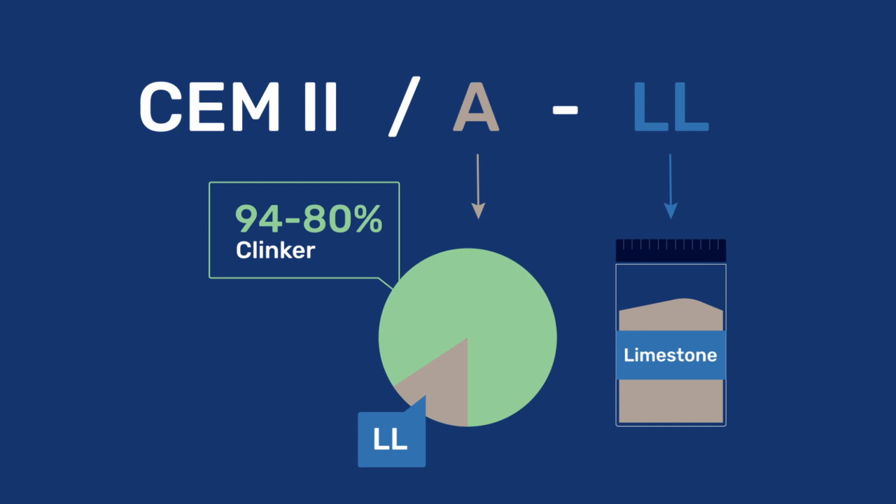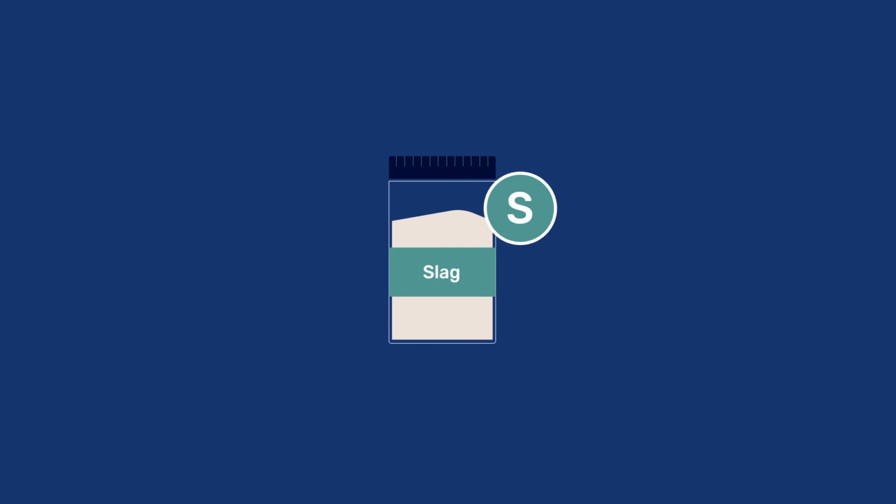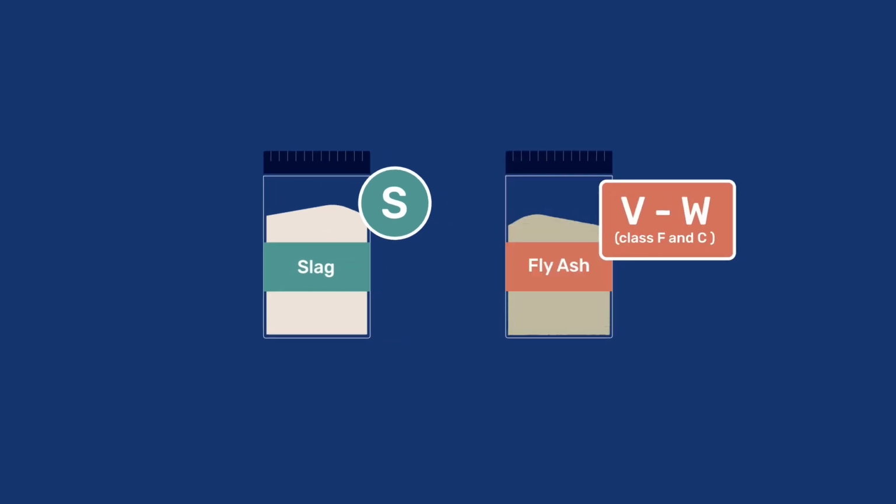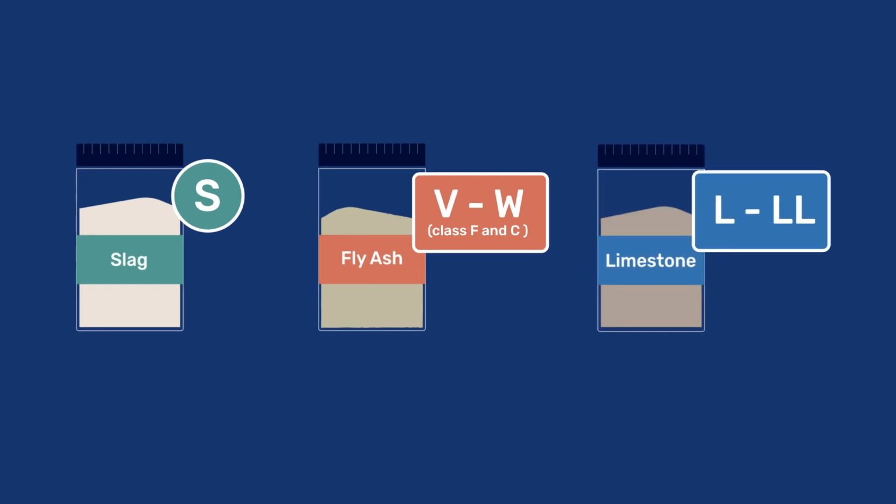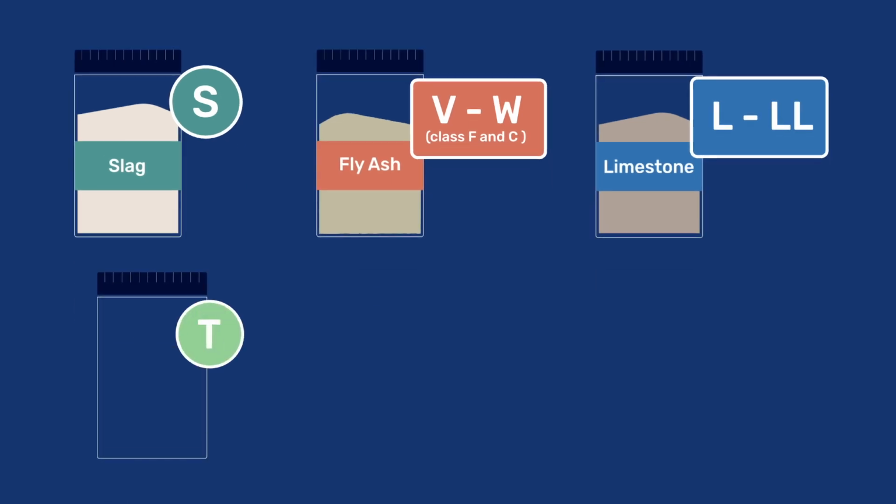Other important SCM notations to be aware of are S for slag, V and W for fly ash class F and C respectively. L is limestone, similar to LL, but with an organic content that may go up to 0.5%. T is burnt shale, a side product from calcining oil shale for energy production.